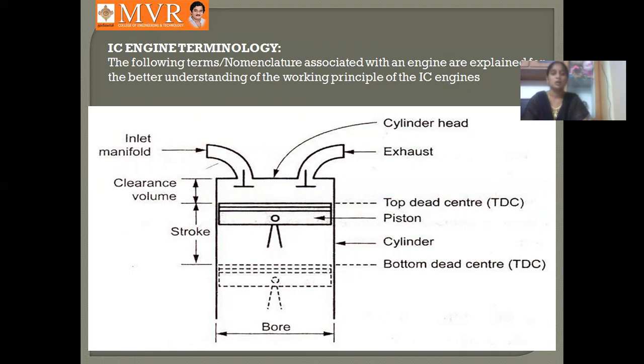Next, the diameter of the cylinder is called the bore. The length of the piston travel in the cylinder is called the stroke. From the top dead center to the top position of the cylinder, that space is called the clearance volume.